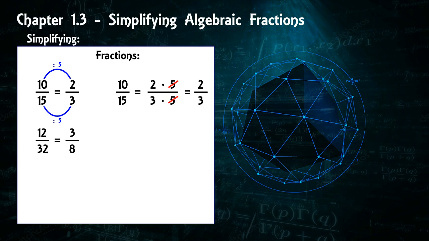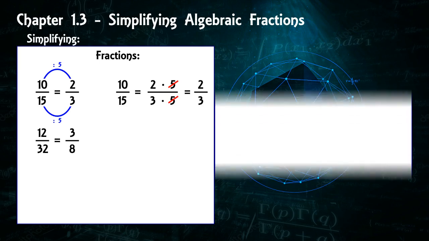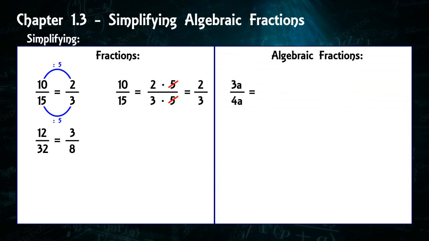The same goes for fractions with letters. In a fraction 3a over 4a, both the numerator and the denominator can be divided by a. This leaves me with 3 over 4. And in abc over bcd, we could even erase both the b and the c, leaving me with a over d.